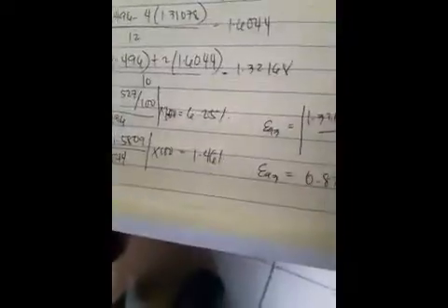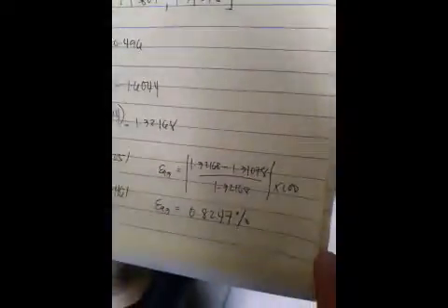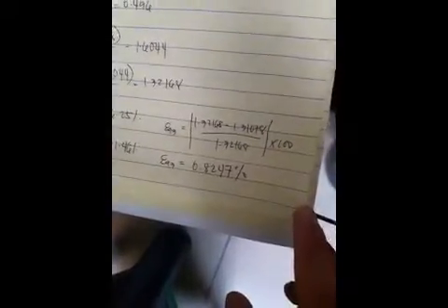And for the percentage errors, EA1 is equal to 6.25%, EA2 equals 1.46%, and EA3 is equal to 0.8247%.